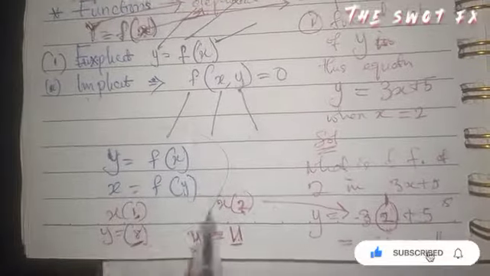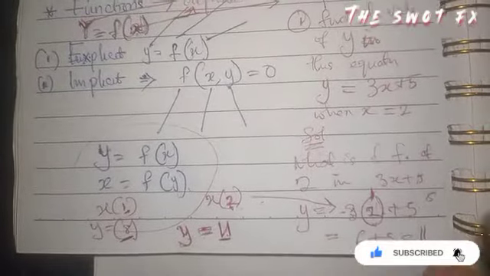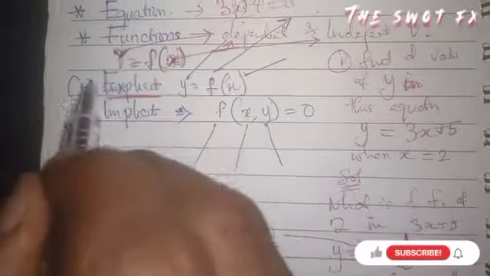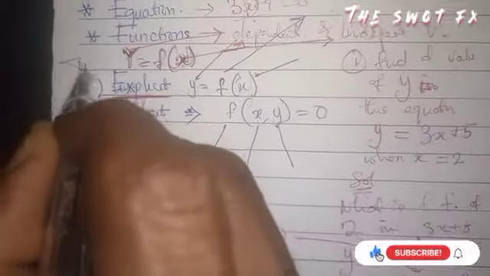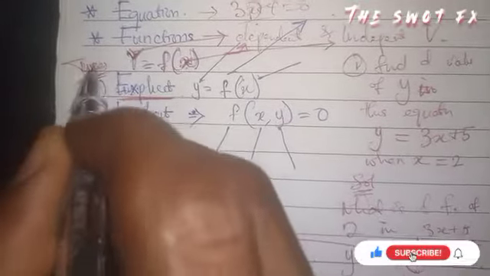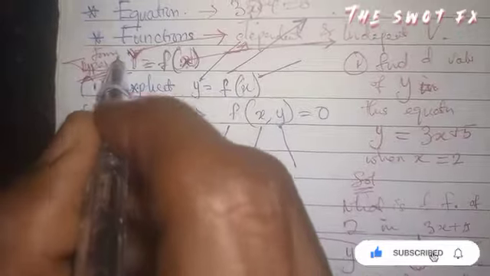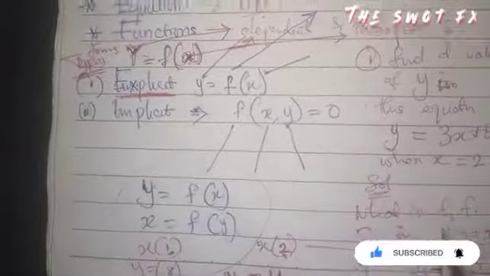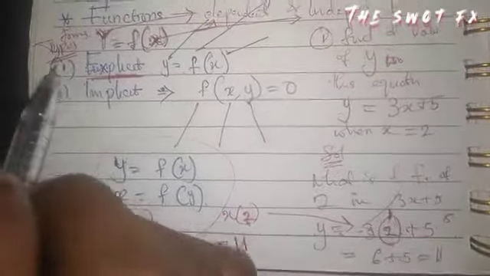Now what we explained is the same or similar to what? To explicit function. These are two types, or two forms, of function. We have explicit, which is the normal one I've been explaining, and implicit.